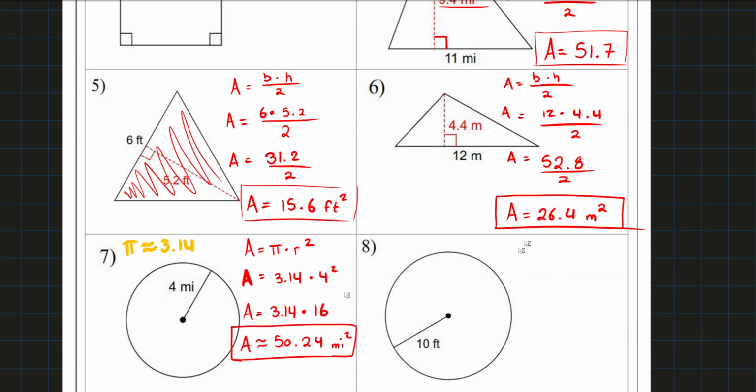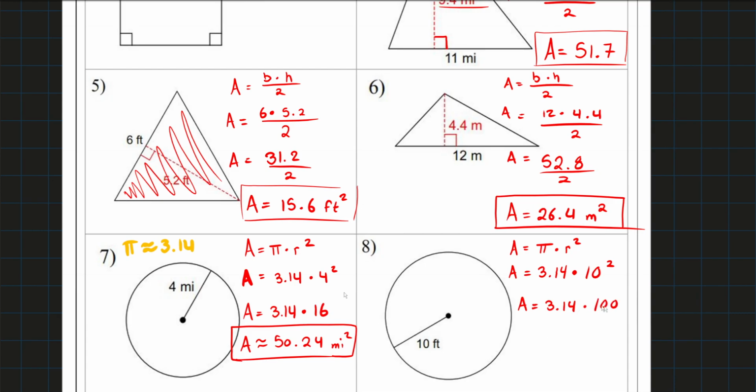Bam. Last one. Area equals pi times r squared. Area is going to be equal to 3.14 times r squared. What's my r? 10. And we're going to square it. 3.14 times 100.